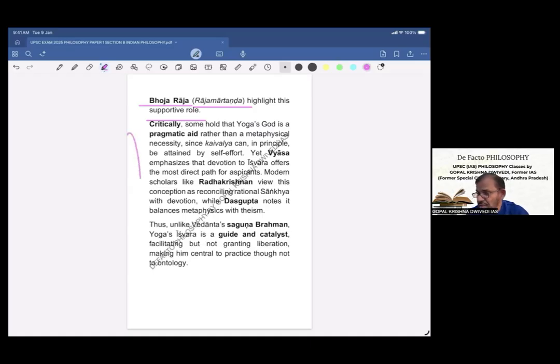So this is the critical view on this. Thus, unlike Vedanta's Saguna Brahma, Yoga's Ishvara is a guide and catalyst, facilitating but not granting liberation, making him central to practice, though not to ontology. So this is the sum and substance of what has been written in previous paragraphs.